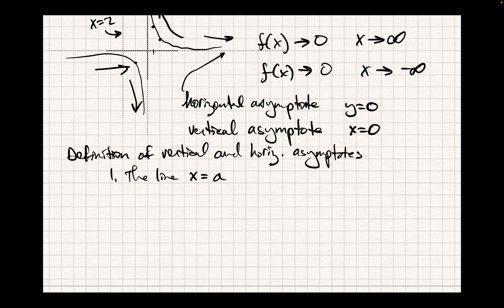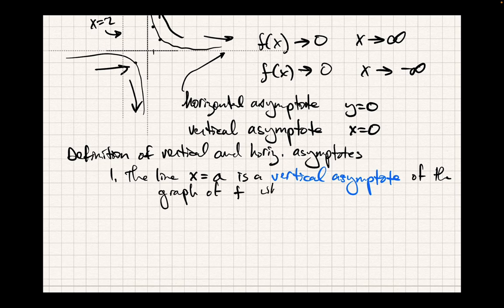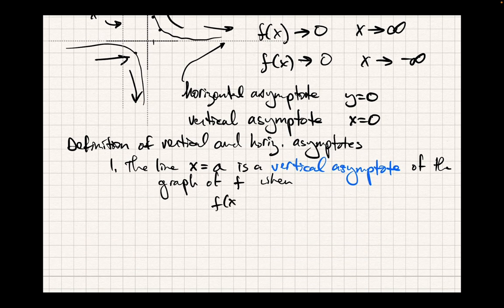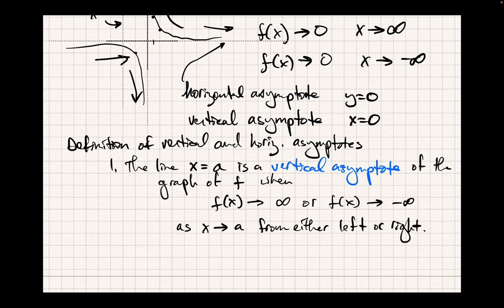So I'm going to say x equals a is a vertical asymptote of the graph of f when, just like this chart here, f of x approaches infinity or f of x approaches negative infinity as x approaches a from either left or right. That's a definition of a vertical asymptote.